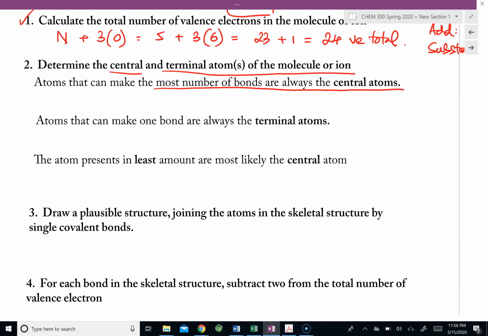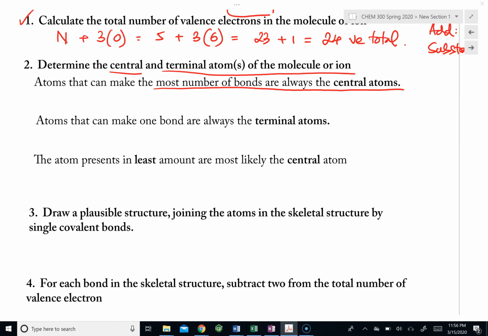Examples are elements that can make a lot of bonds, for example carbon, silicon, nitrogen, and sometimes oxygen as well. The more bonds an atom can make, the more likely it is to be the central atom.